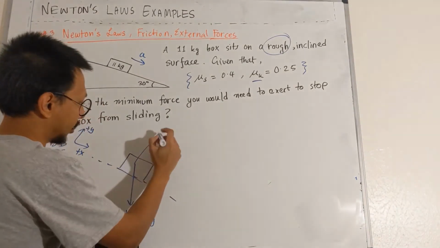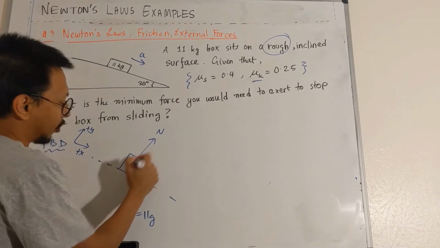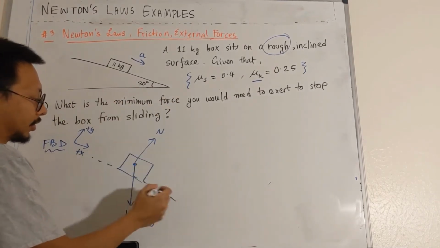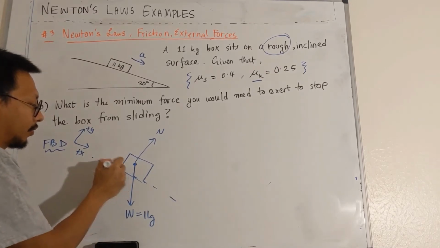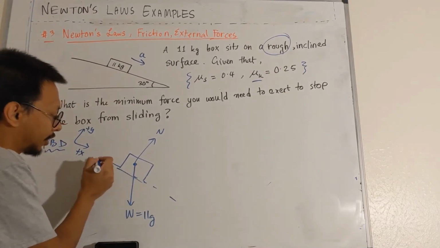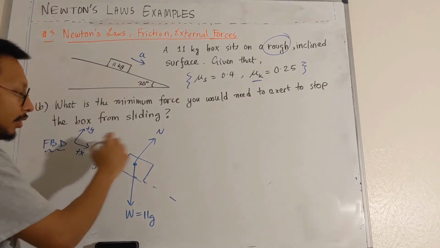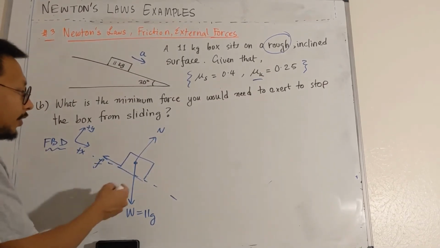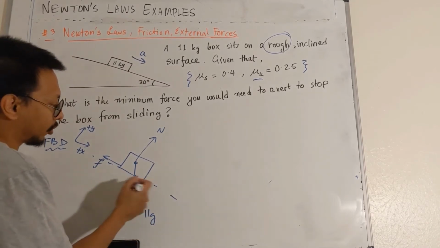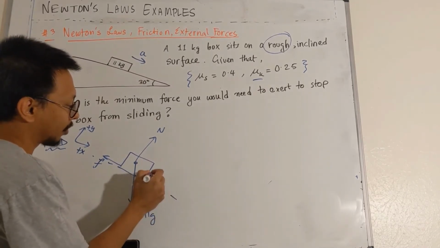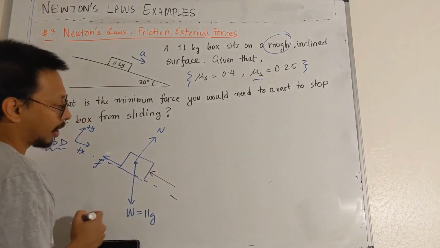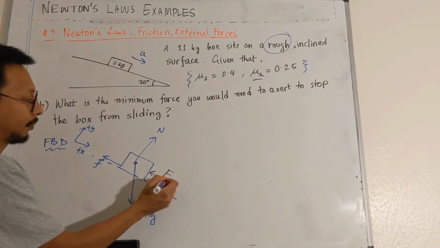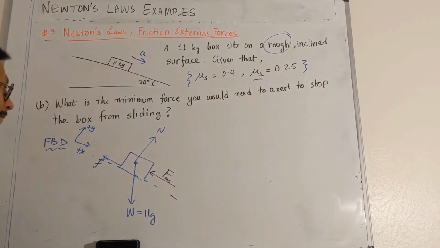Normal force is still perpendicular, as always, to the plane, and since its natural tendency would be to slide down, the friction is still acting against this tendency to slide. In addition to all this, we have a new force which you need to exert to stop the box from sliding down the slope. So we need to exert that force upwards. Let's call this force F me.